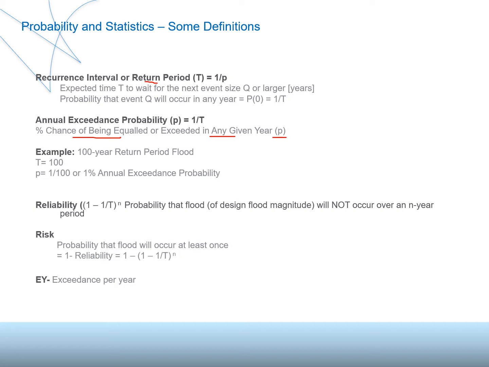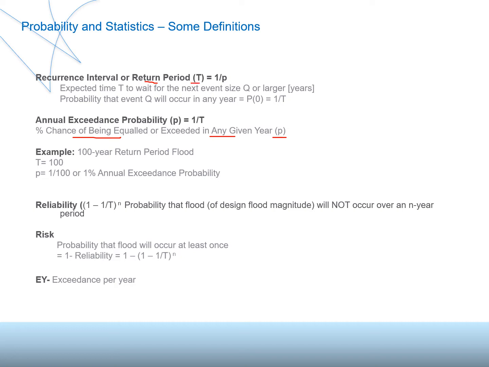If you look at the historical data, the event happens every T years on average. But it has been very confusing to many people: if it is a 100-year return period flood, people think it will happen only after 100 years, which is not the case. It can happen next year and the year after as well.